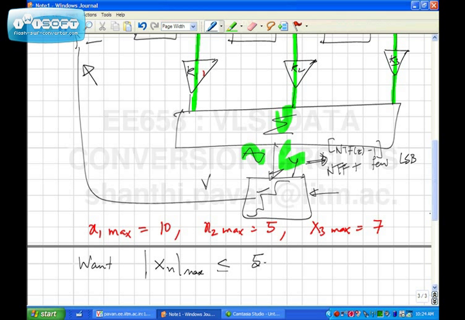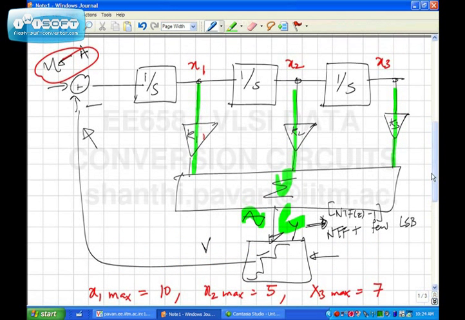It's there on the board. The maxima were 10, 5 and 7, and I want the peak values of all the state variables to be limited to 5 in the worst case. Okay, so I want to make sure that x1 doesn't go beyond 5. All right. So what would you want to do?